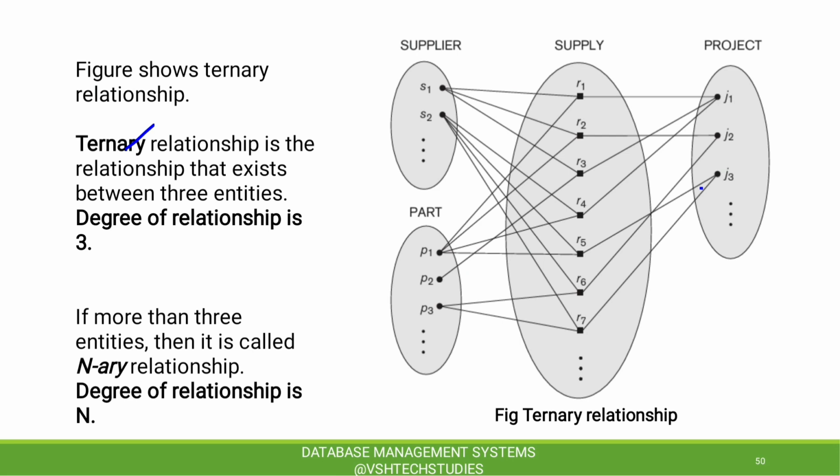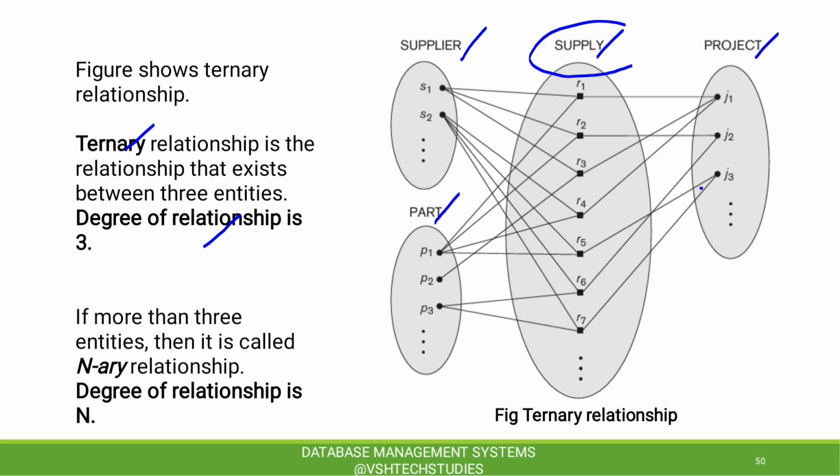Next we'll see what is meant by ternary relationship. If the degree of relationship is 3, that is called a ternary relationship, meaning participating entities are 3. Here the relationship name is supply. In this, participating entities are 3. One is supplier, another is project and the third one is part.